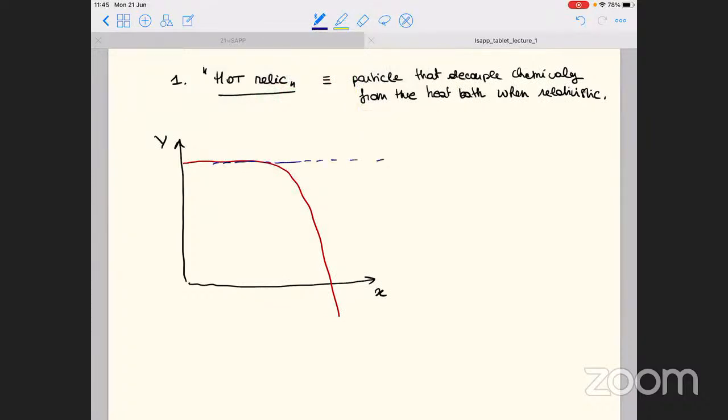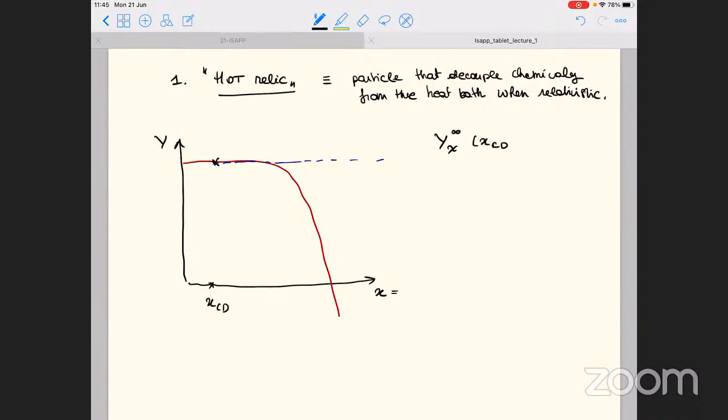Okay, so it's very easy to estimate the relic abundance of my dark matter at the time of production, or let's say at the time of decoupling. So I would have, let's say, kinetic decoupling that would happen at this temperature.